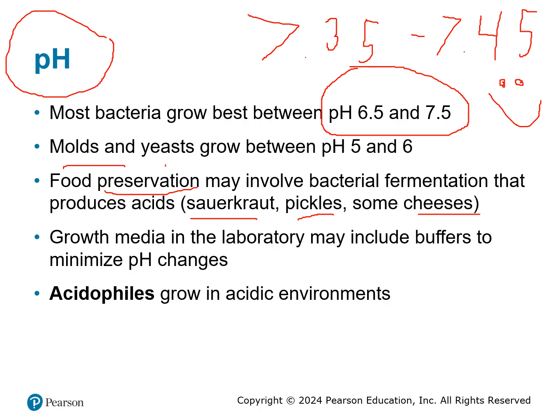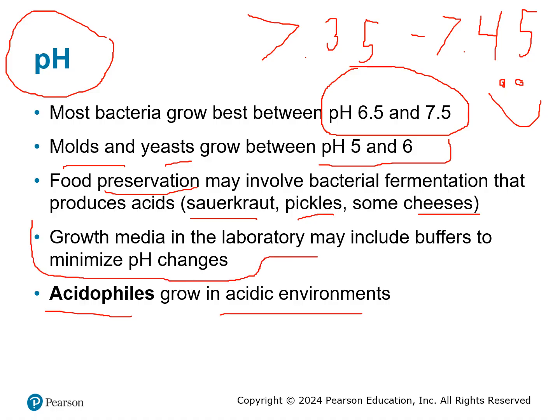Okay, we've got mold and yeast. They're going to be between 5 and 6. So unfortunately, that means they can grow in some of your foods. Okay, acidophiles grow best in acid, and we looked at buffers in our class, right? We used a buffer to keep our solution at a pH of 7. Our solution was plain old water, right? So water is neutral.